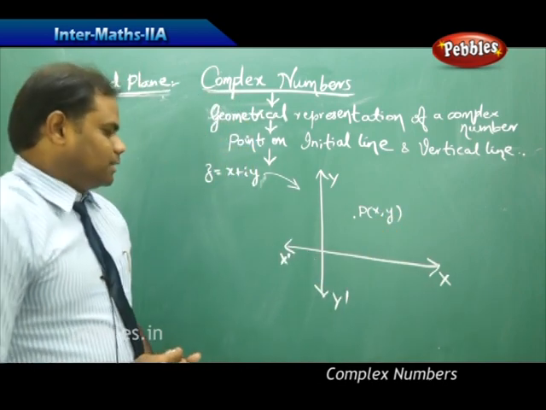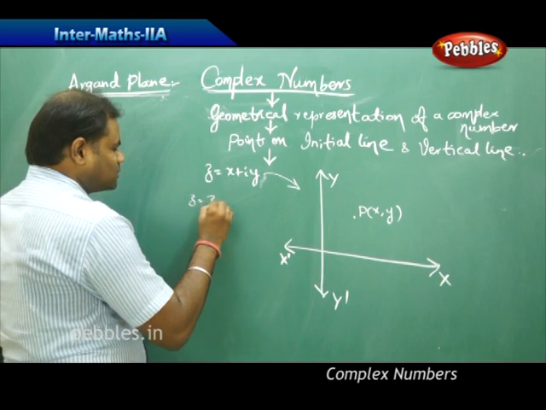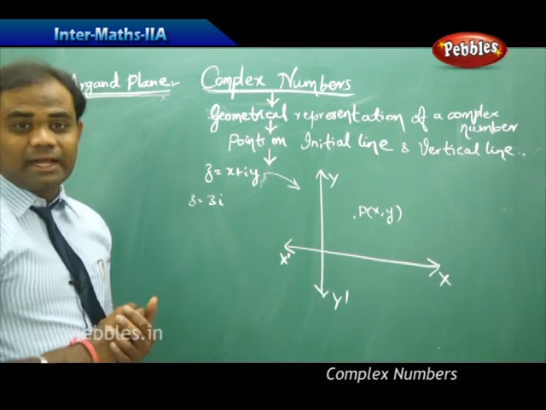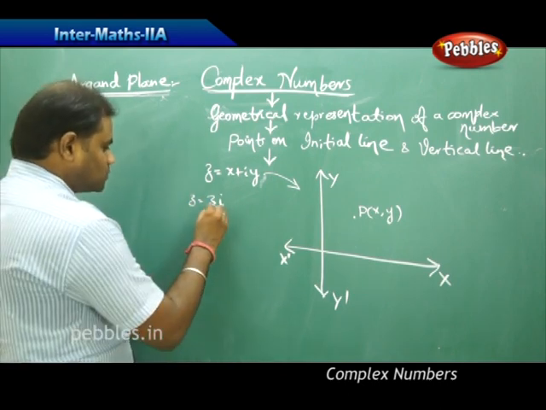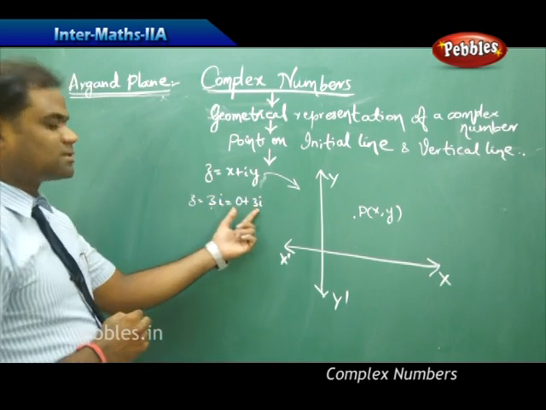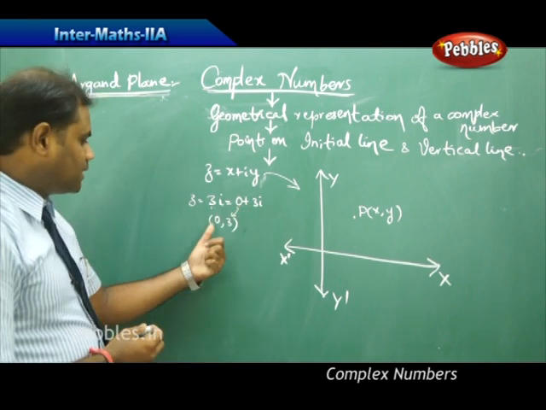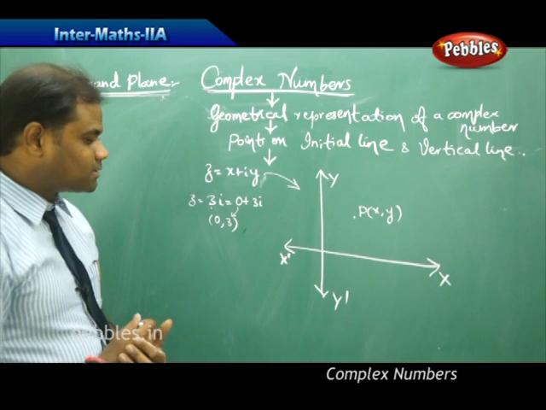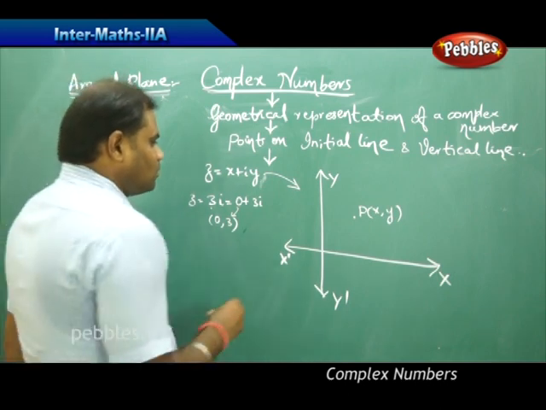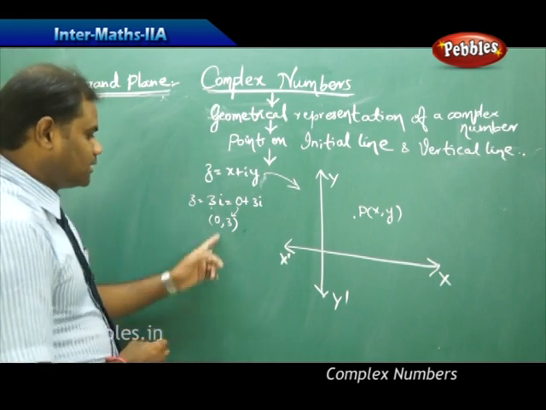But here, if suppose I have a complex number Z equal to 3i, then in that case, what will be its respective coordinate? Because I can write this as 0 plus 3i. In this case, my real part is 0, that is, my x coordinate is always 0. That means when my x coordinate is 0, all the points on y-axis are purely imaginary, is how I understand.